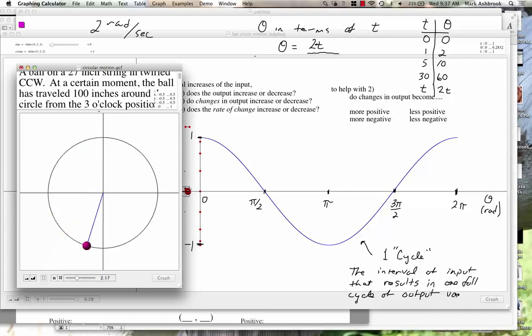What is our interval of input that results in one full cycle of output values? So I should say maybe the width of the interval. So as a single value, how much input, or what length of interval of input results in one full cycle of output values in this case? 2 pi, right? So every time you go 2 pi and you do it again, you're going to get the same cycle over and over again.